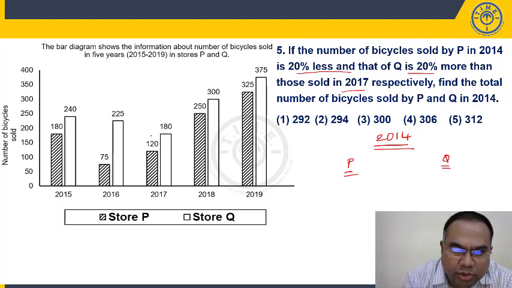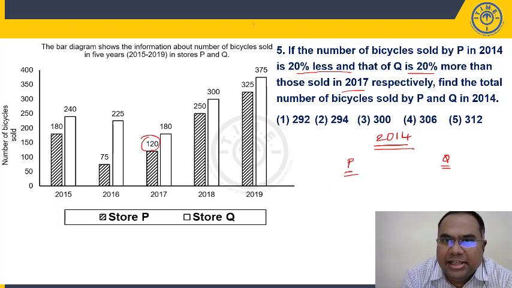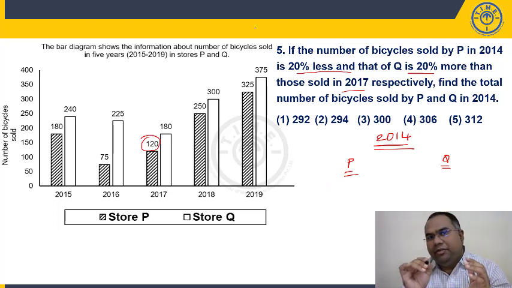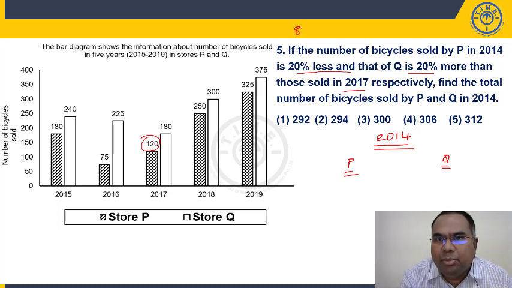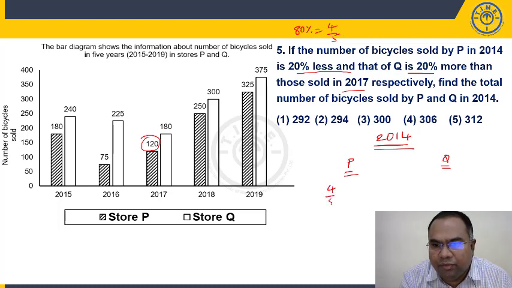P in 2017 is 120. 20% less means, I told you, total is always 100%. If P is 20% less, P's value should be 80% of that value. 80% means it should be 4 by 5 of that value. So 4 by 5 of the 2017 value, 120. 5 24s are 120. 24 into 4, 96.